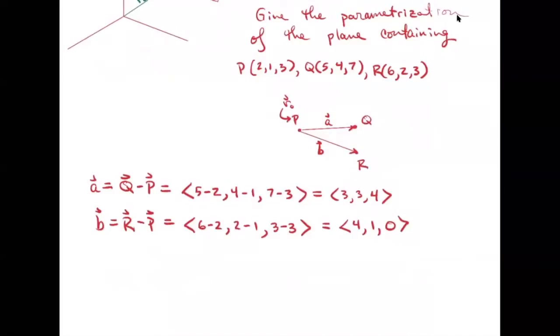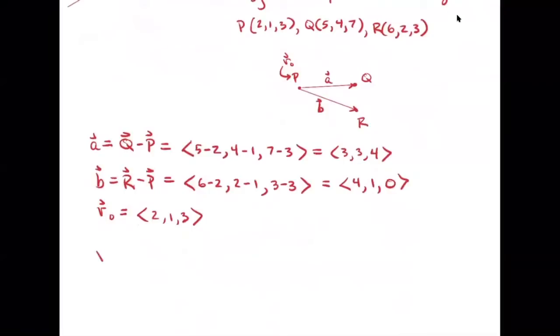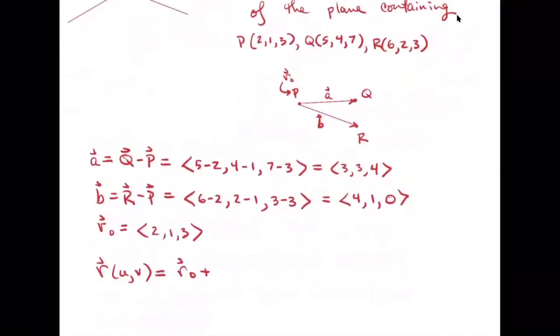Okay, and then again, this R naught is this P point. It doesn't matter which one you use. So R naught is 2, 1, 3. And then the plane R of UV will be R naught plus, I think I had said, UA plus VB.